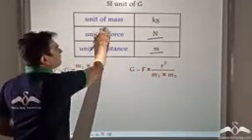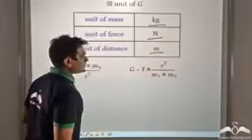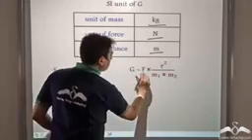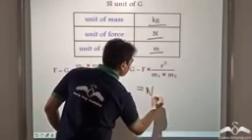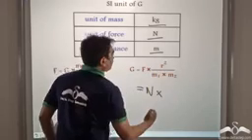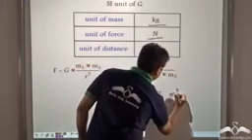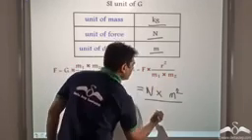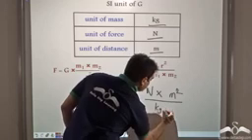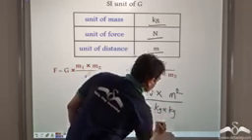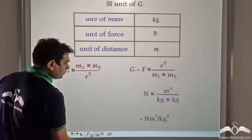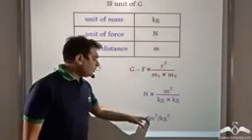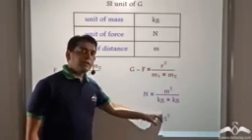And the SI unit of mass is kg. So, the SI unit of G would be equal to Newton into r square, which would be meter square, divided by mass into mass, that would be kg into kg. So, the SI unit of G is given as Newton meter square divided by kg square.